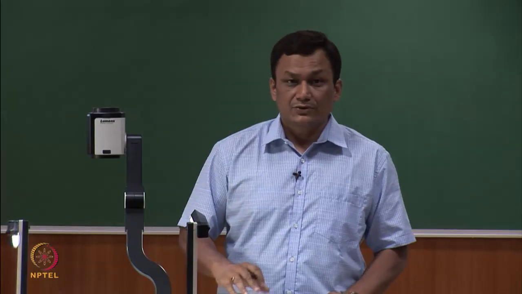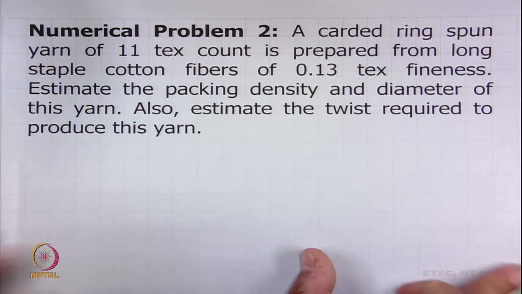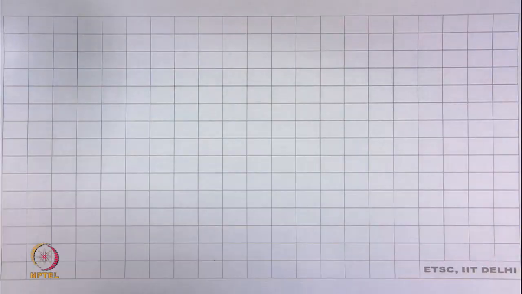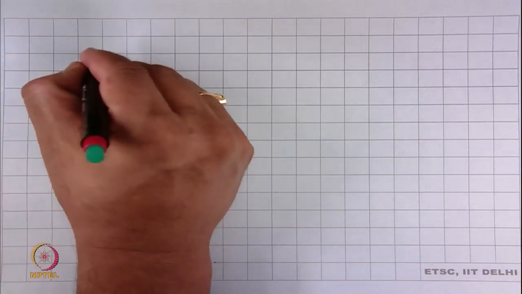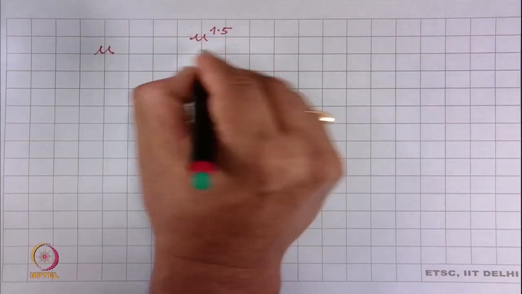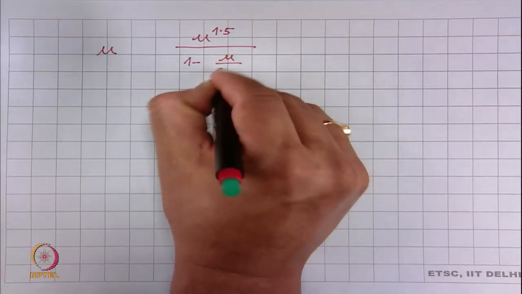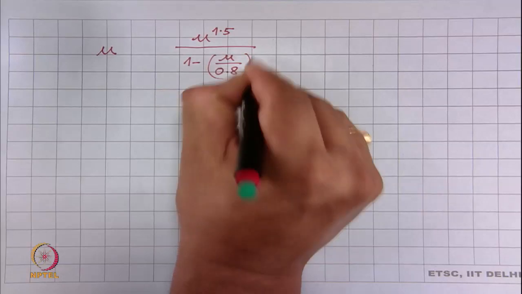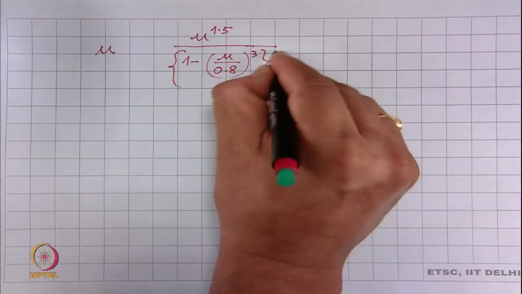So, we will start with the second case. Let us prepare a table: mu, mu to the power 1.5, like the previous class, and 1 minus mu by 0.8 cube to the power cube.